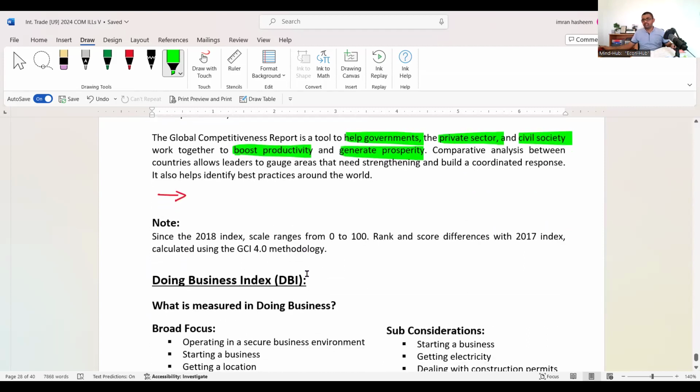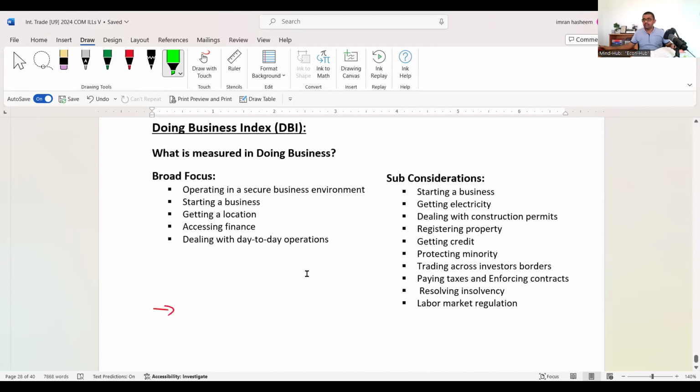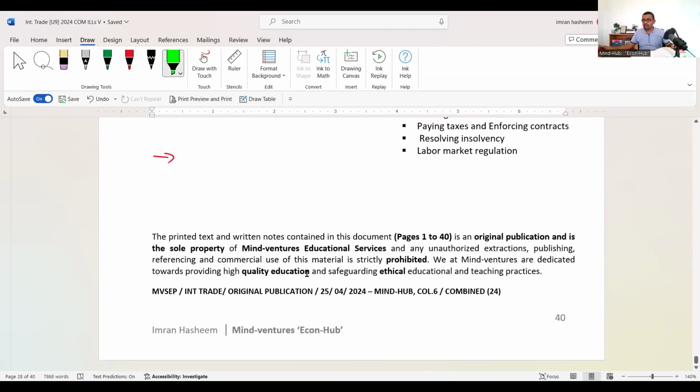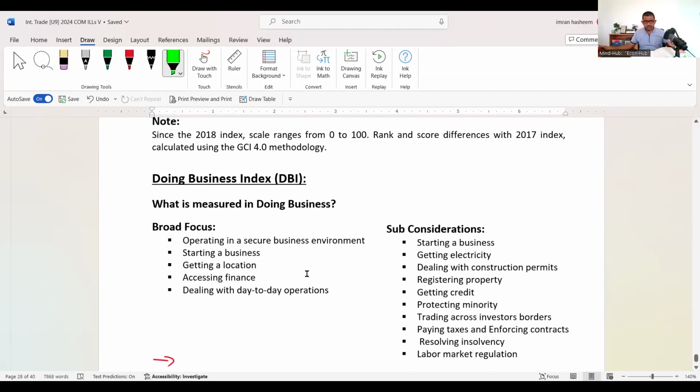Then if you come to the last part of this discussion, the doing business index. Sometimes we use the term ease of doing business index, but we'll say doing business index just to give you a basic idea.